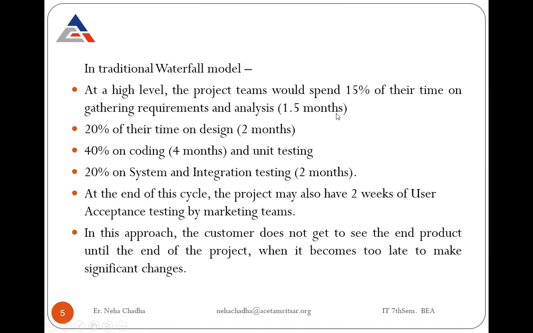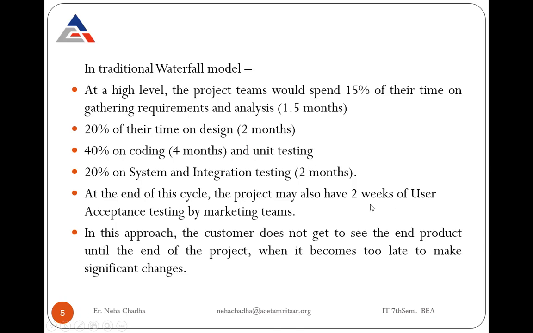1.5 months will be spent in the requirement phase, 2 months in the design phase, 4 months in the coding phase, 2 months in the testing phase, and 2 weeks in the user acceptance testing phase. If we calculate all the time periods, it will become 10 months. That is 1.5, then 2, that means 3.5, then 7.5, then 9.5, and 2 weeks included makes 10 months.